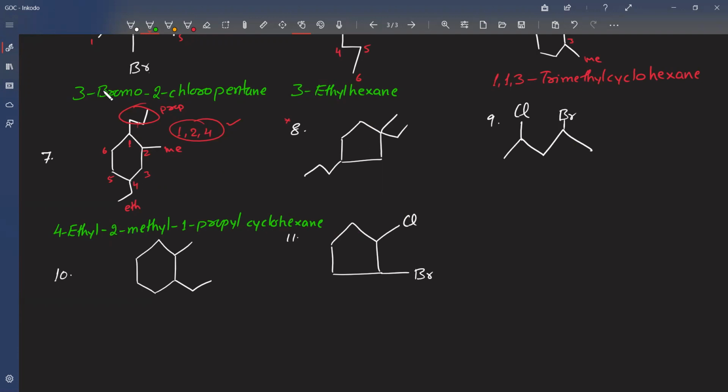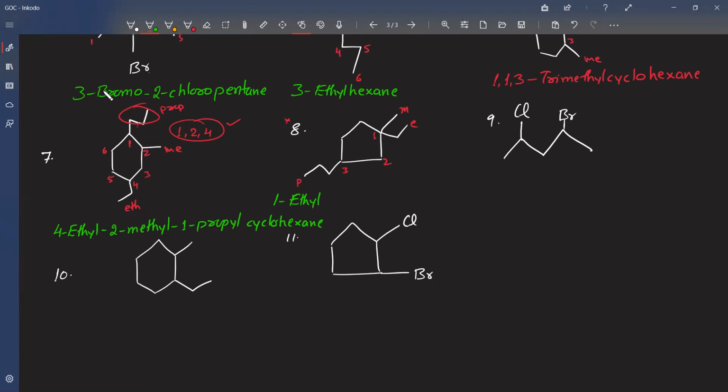So you had some doubt here, right? I kind of figured it out from the previous question. What I wrote is 1 ethyl, 1 methyl, 3 propyl cyclopentane. Correct. So alphabetical order. So at position 1, there is ethyl.